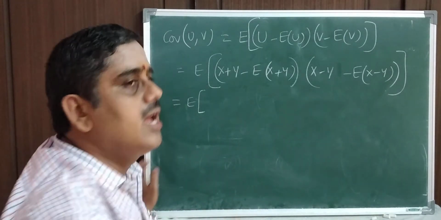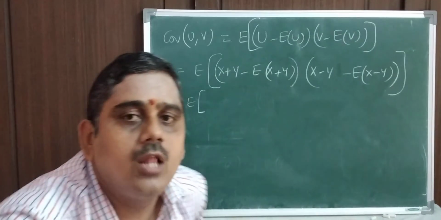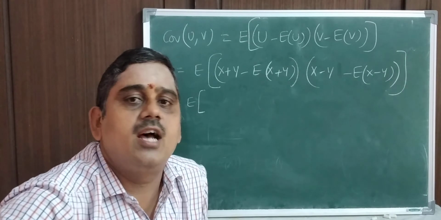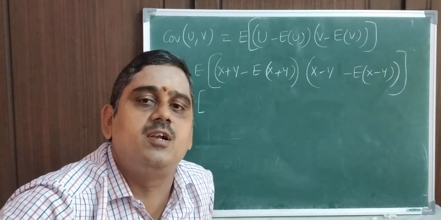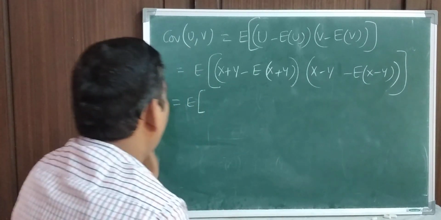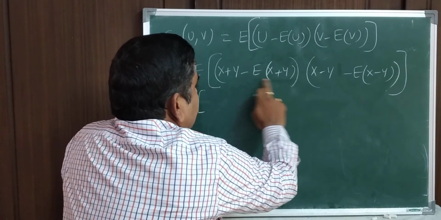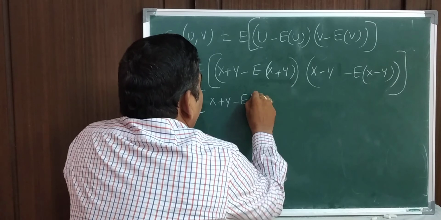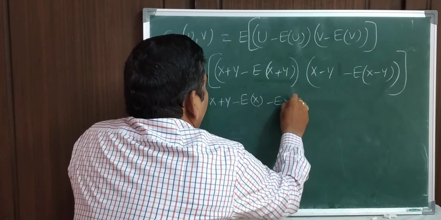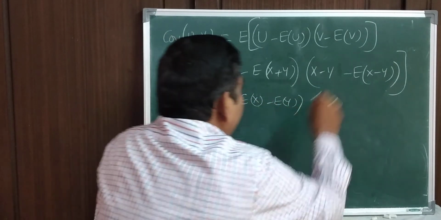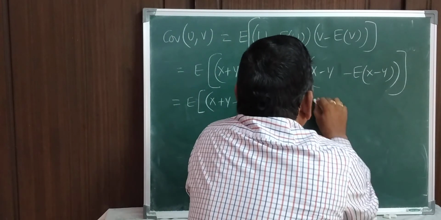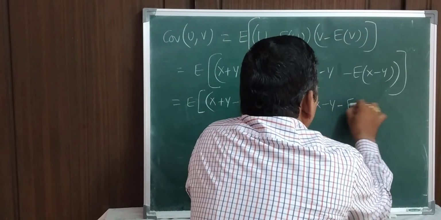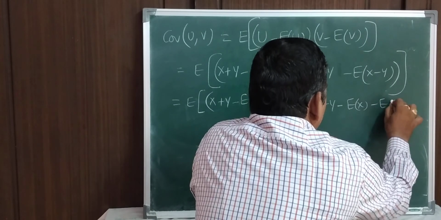Before that, again, all the terms of x as one term and y as one term. Here you see, you take expectations first for this. So x plus y minus expectation of x minus expectation of y is the first term, and then this one: x minus y minus expectation of x minus expectation of y.